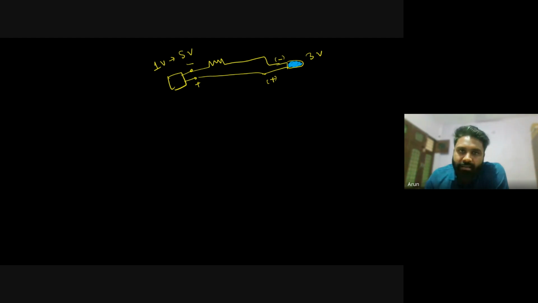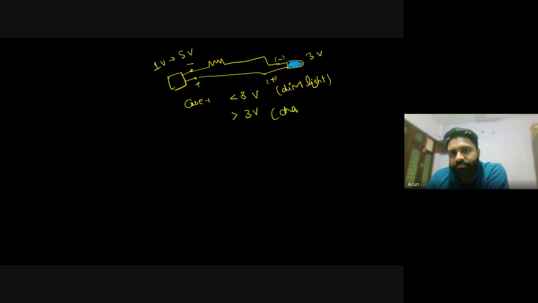If the supply voltage is less than 3 volt, you have a dim light in the output. And if the voltage is greater than 3 volt, there are chances of burnout.